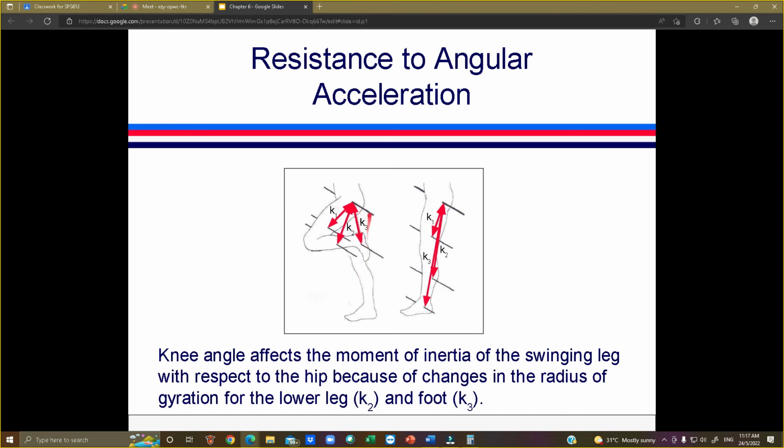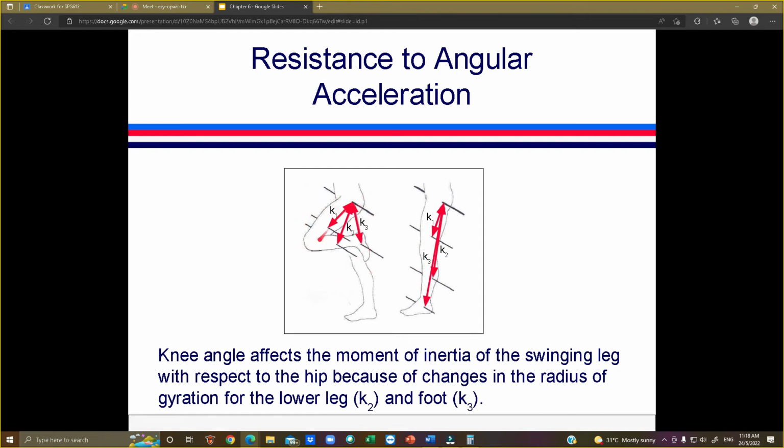So if we compare the moment of inertia for A compared to the moment of inertia for B, moment of inertia for B is going to be more. Means that this leg, when being rotated, is going to have more weight, more mass compared to condition A. Why?